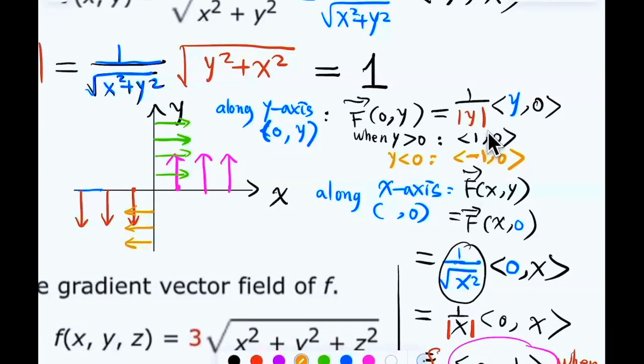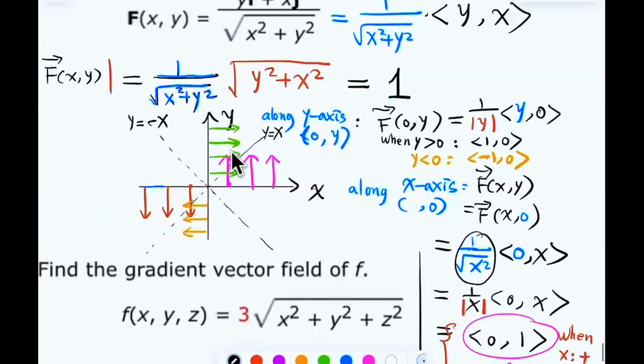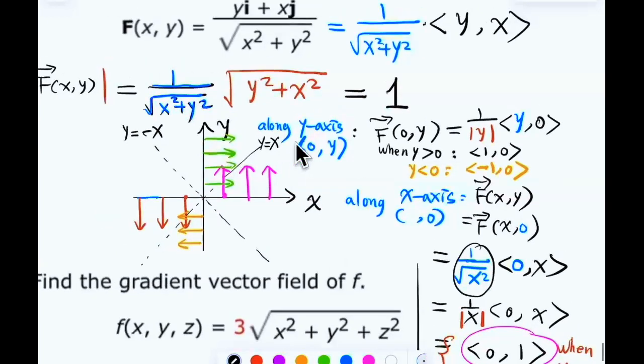Okay. And then you can also try to do along this line here, y equal to x, and along y equal to negative x. You can try to plug in the values over here, calculating. What happens when y equal to x? Can you tell me? In the first quadrant, what do you get?